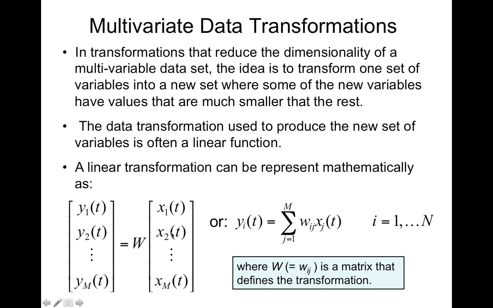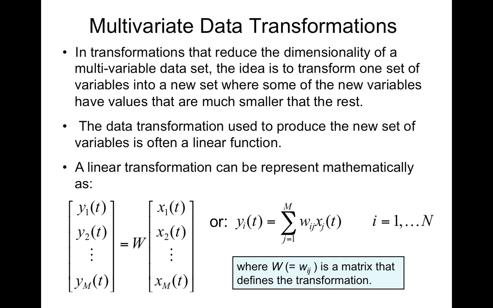We have these sources, x1 through xm, and then a weighting matrix applied to x1 through xm, and out of that we get y1 through ym. First of all, notice that we set the dimensionality to be the same. So we are initially making an assumption that if we have m measurements, we have m sources.